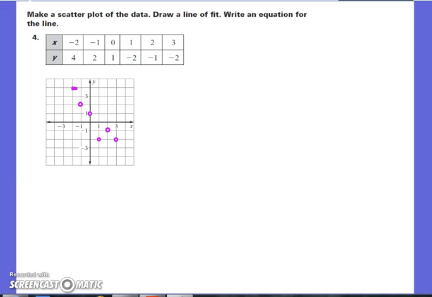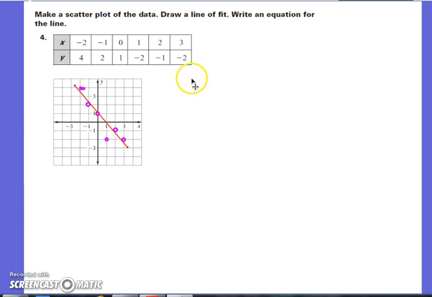And then we have to write an equation for the line of best fit. So first of all, we have to see if we have a line. So let's draw our line, and it's going to be negative. And we are going to use the points. Now you get to pick the points.